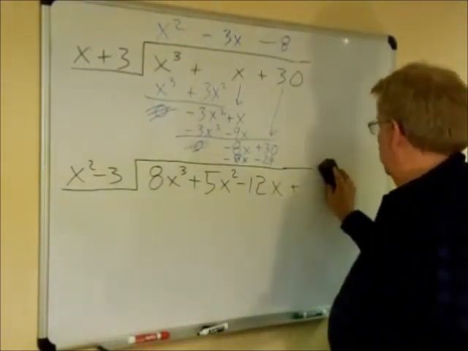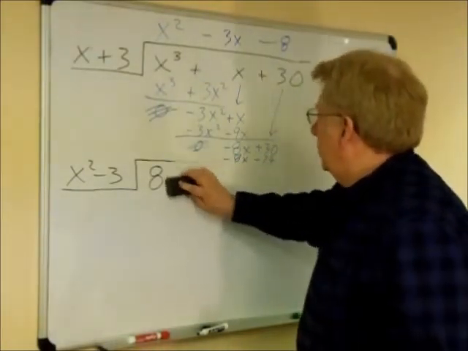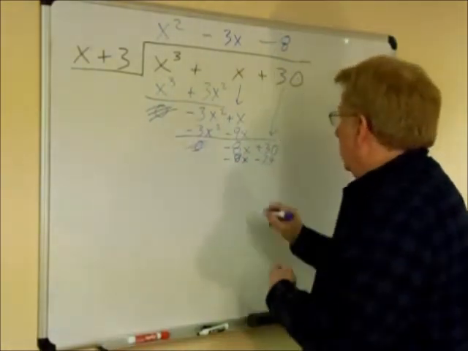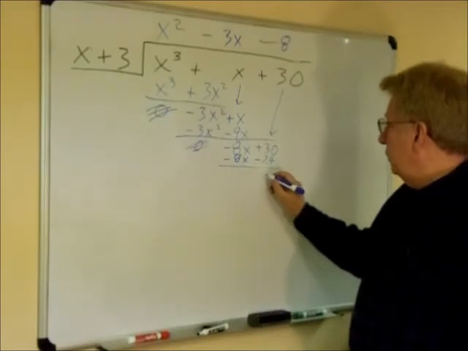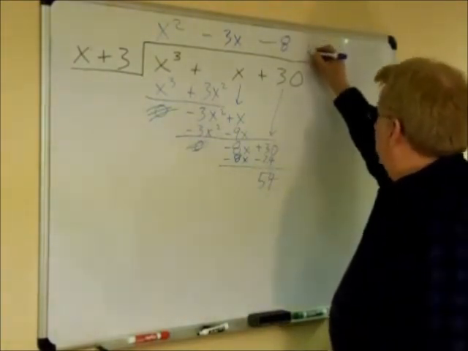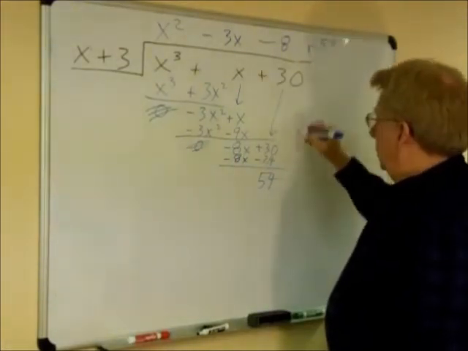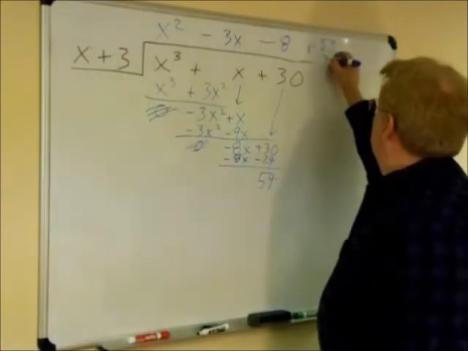Let's run into this next one. I have to erase that, and we'll rewrite it in a second. Okay, so 30 minus a minus 24 gives us 54. So up here we have a remainder of 54 divided by the divisor, which is x plus 3.